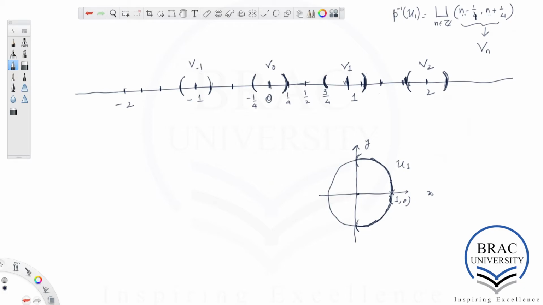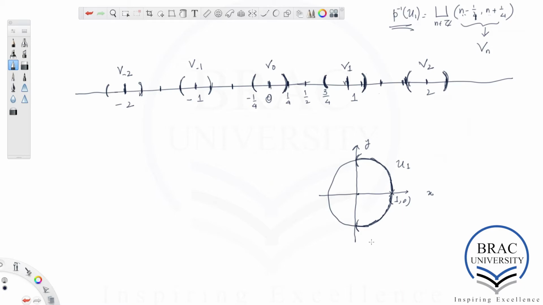And for V minus 2, it's going to be minus 2 minus 1/4 to minus 2 plus 1/4. That's going to be V minus 2. Okay, so this way you see that these open sets are disjoint open sets, and the union of these disjoint open sets is going to be the inverse image of U1.